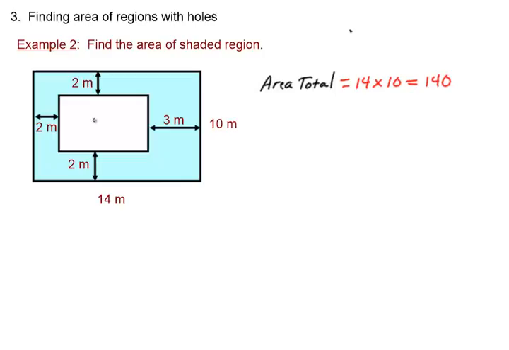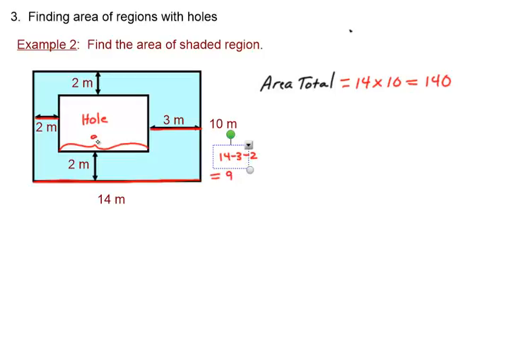But the thing is, I don't care about the middle. So here's my hole in the middle that I don't want. It's kind of like I'm cutting it out. So first we have to figure out the length of my hole. Well, I know that the total distance is 14. But I'm going to take away 3, and then I'm going to take away my 2 that's on that side. So basically, 14 minus 3 minus 2 will give me 9.